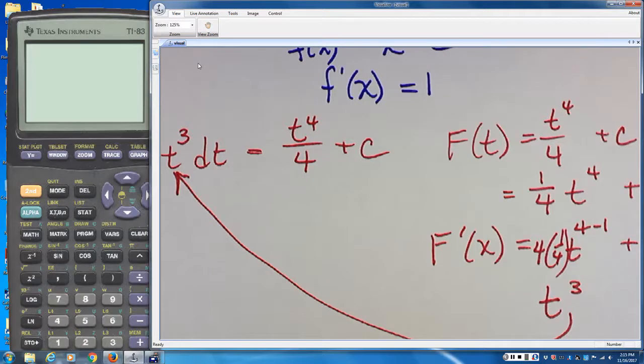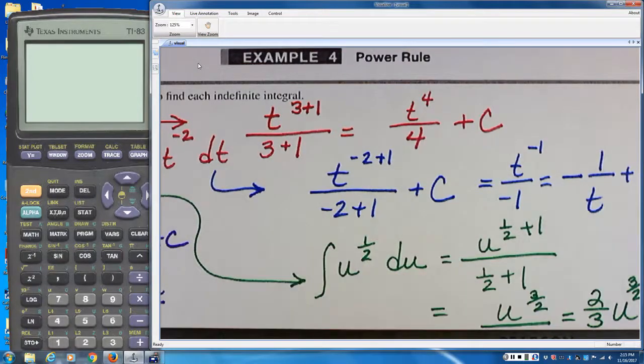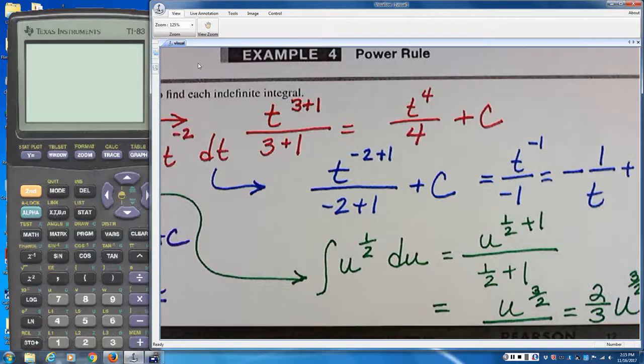So you can always take your derivative to see if you get back your integral. And I'll leave it to you to verify that you can take the derivative of negative 1 over t and find that it was 1 over t squared. Okay?